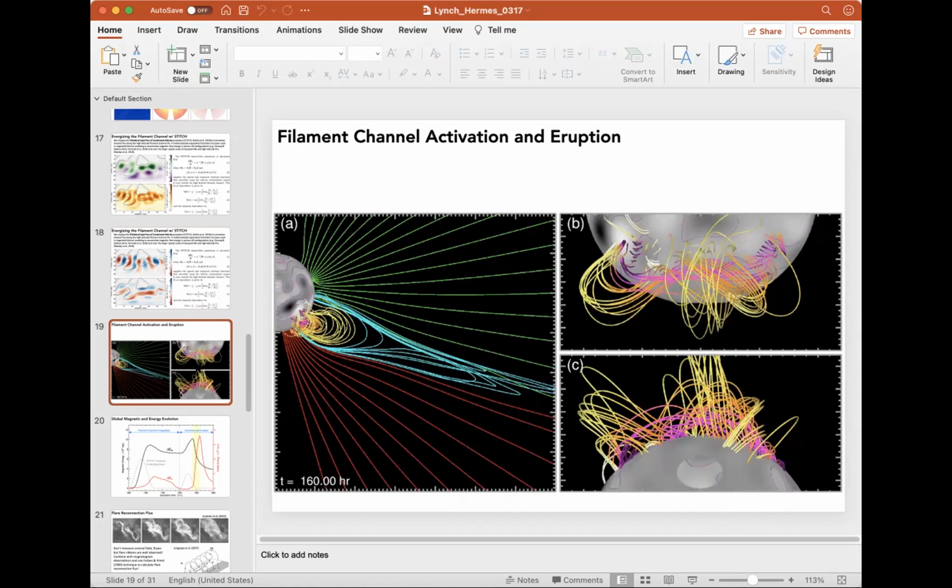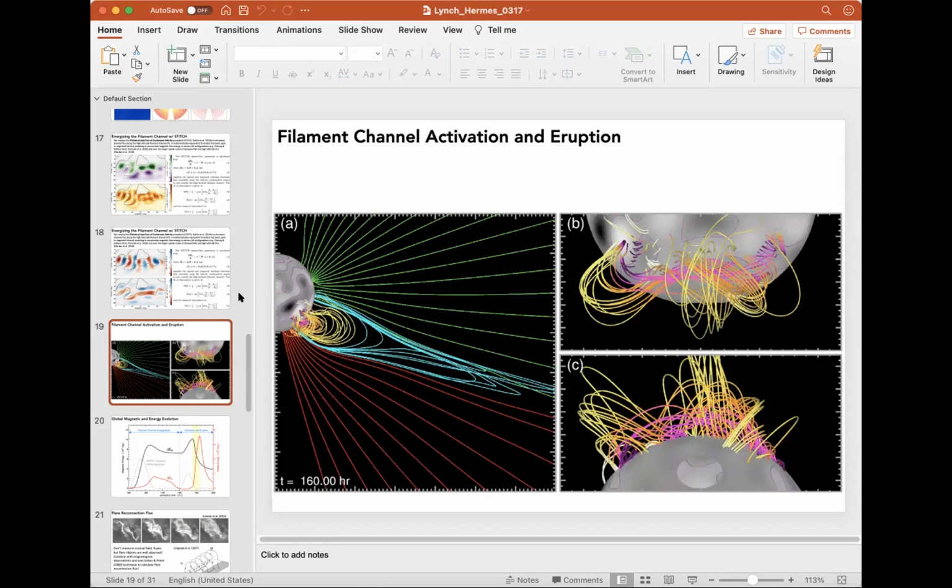Because if you just do the standard differential rotation, meridional flow, and surface diffusion terms in the flux transport scenario, you get some of the filament handedness correct, but not all of it, or you miss on the high latitude things in a way that you don't if you've got this statistical energization pattern.